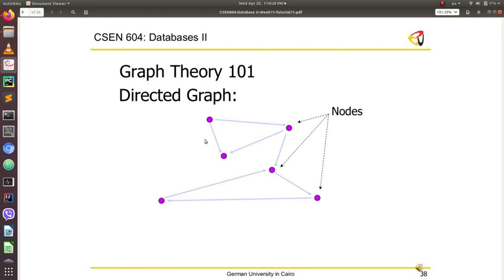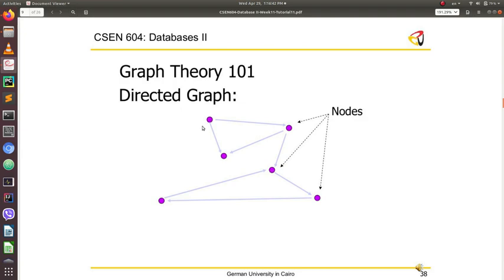Okay, a graph is composed of a set of nodes, the purple ones, and a set of edges, the arrows, that connect between the nodes. Both the edges and nodes construct a graph.